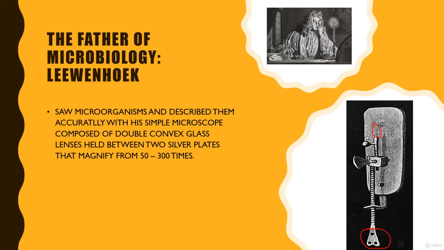Then the specimen moves toward or away from the lens. This is the lens, by the way, a very small lens. We can move the specimen toward or away from this lens by turning this screw. This is part of the microscope he designed.